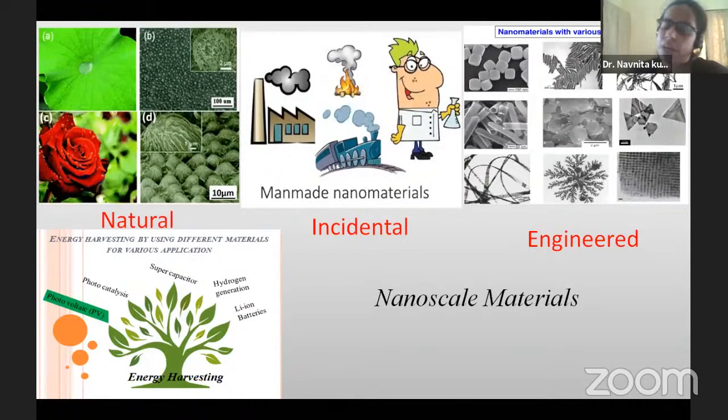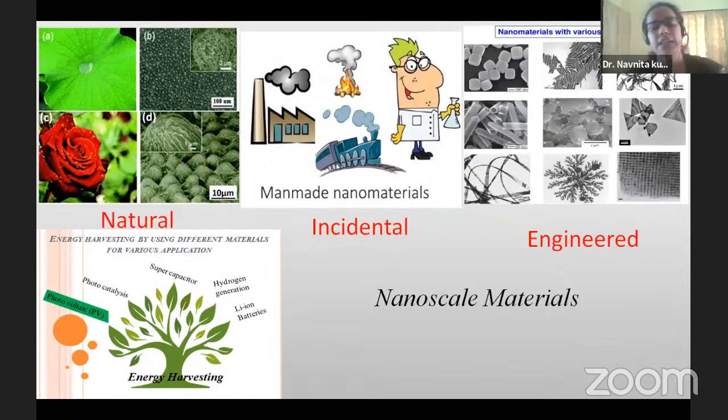Some are man-made nanomaterials, which are incidental, such as when we see chemicals exposed from different industries. And some nanomaterials are engineered, having different morphologies, such as nanocubes, nanorods, nanoflowers, nanoribbons, etc.